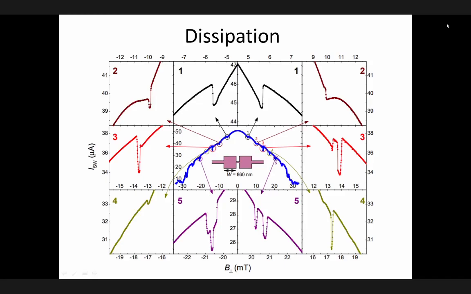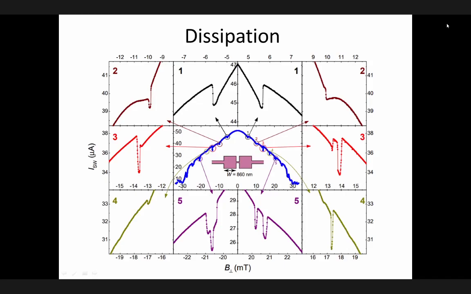Once the vortex is expelled, the junction must switch, because it is in an overheated state in some sense. So the switching curves look different; you still have an S curve, but it can be much narrower because the vortex responds in a different way.